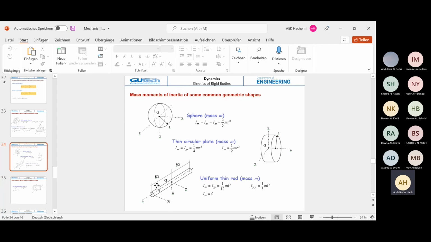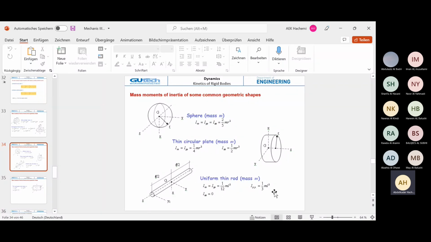Only the geometry changes. Instead of L over 2, we have A and B. These x, y, and z are the principal directions; in our case x prime, y prime, and z prime.